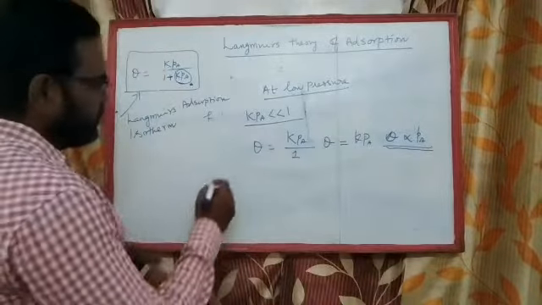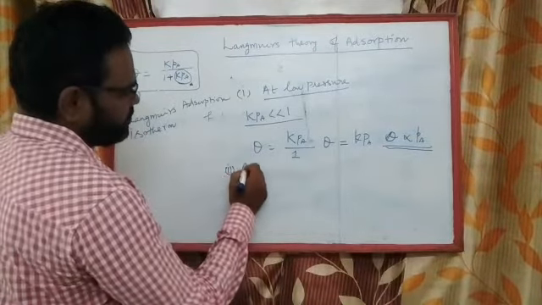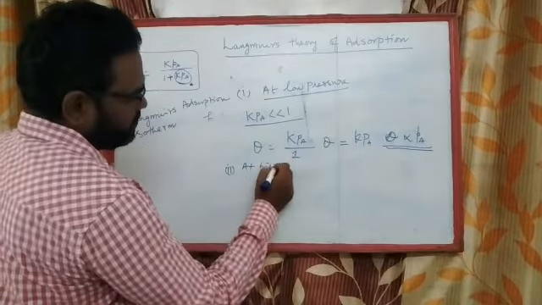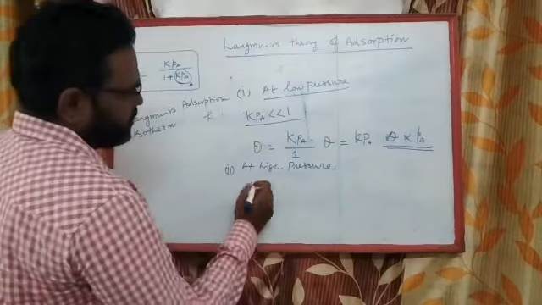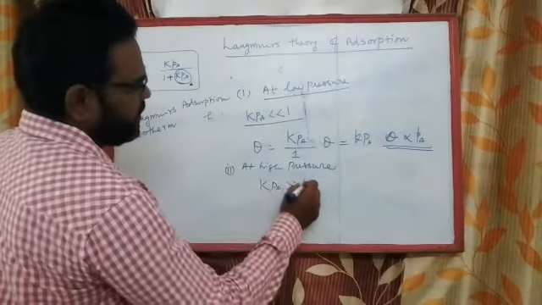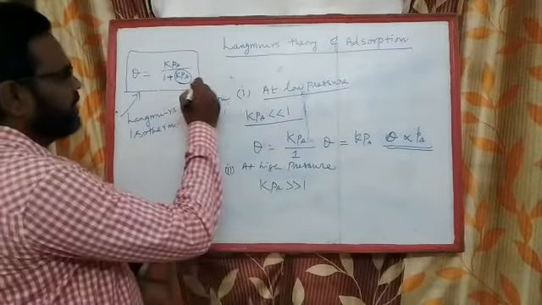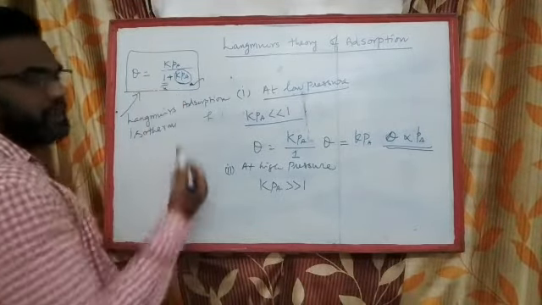Now the second condition, at high pressure, when K Pa is far greater than 1. In this case, 1 becomes negligible.